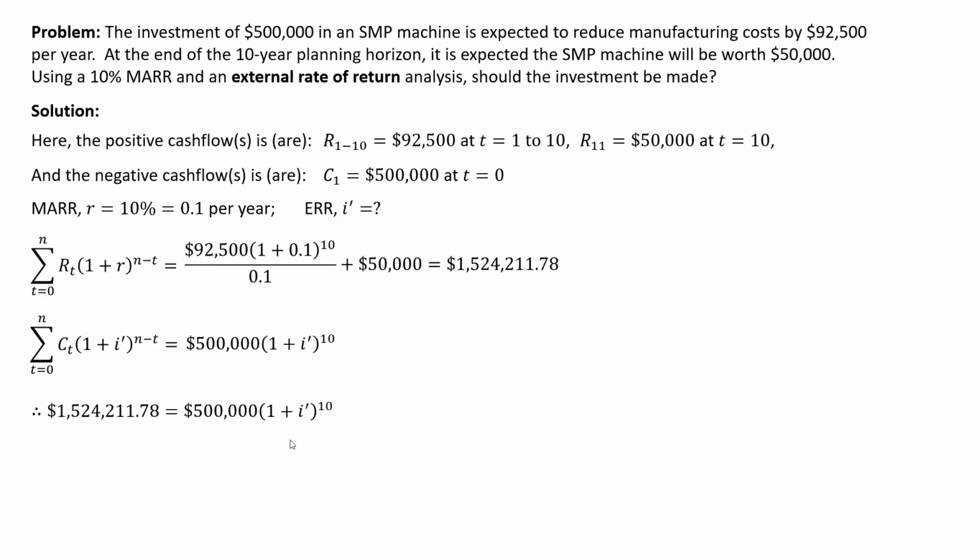Check this out. This is a 10th degree polynomial in 1 plus I prime, therefore in I prime. So there must be 10 roots. But the thing is, if you write this as a polynomial equals 0, this big expression minus this big number is equal to 0.